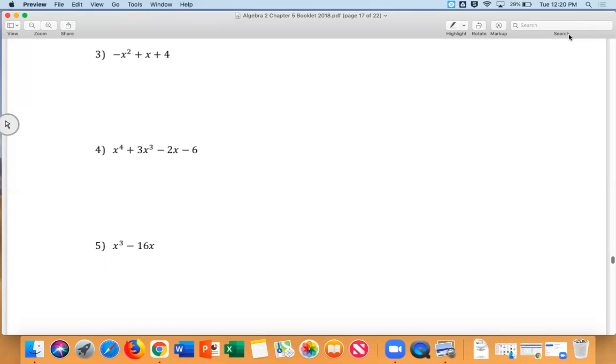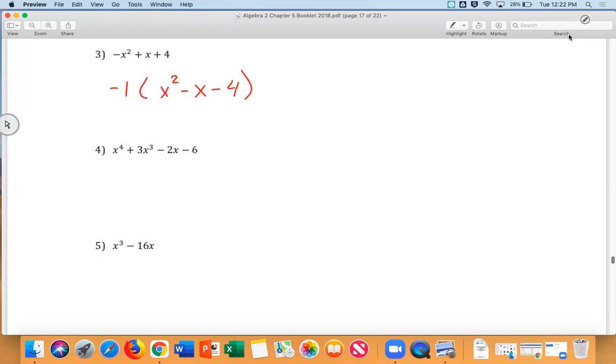So up here in number 3, notice that's a negative 1. So what I'm going to do is I'm actually going to factor out a negative 1. And that flips all of my signs. And that is much better for me to deal with. Okay? Your question was a great question because it was leading us towards what we need to be doing in 5-5.